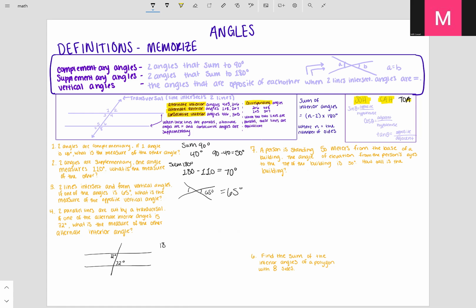So we can say 180 minus 72 is 108 degrees. So this is going to be 108 degrees. And then our other alternate interior angle will also be 108 degrees. So this one and this one will be the same because they are corresponding.